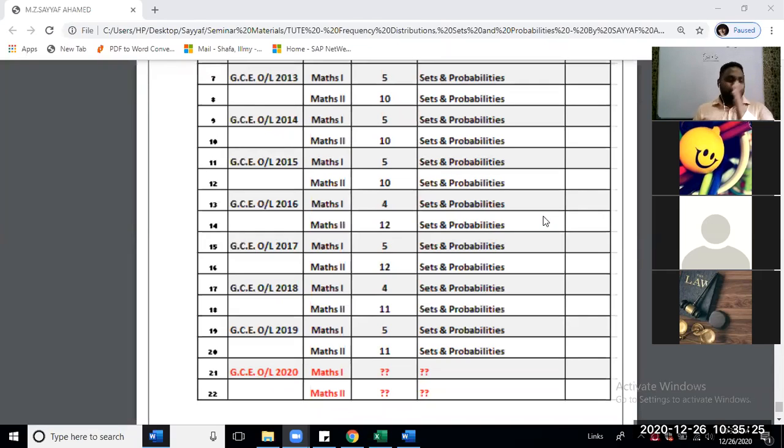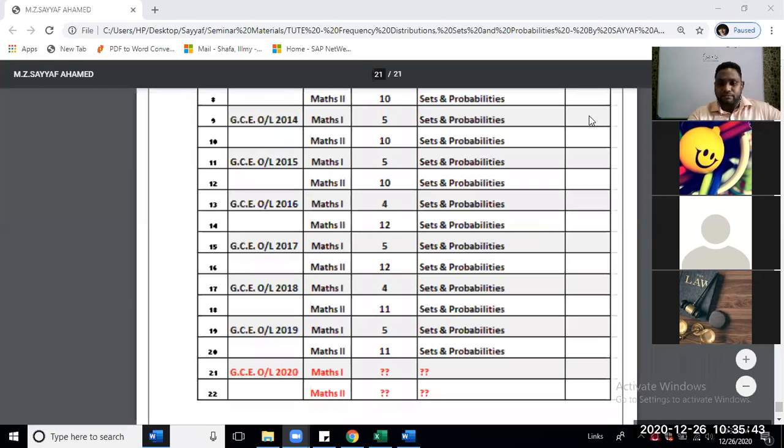Then whatever question comes, you will be able to answer, because the past papers have a pattern of repeating. So if you do the last 10 years of past papers, you will definitely come across a question that you have already practiced.